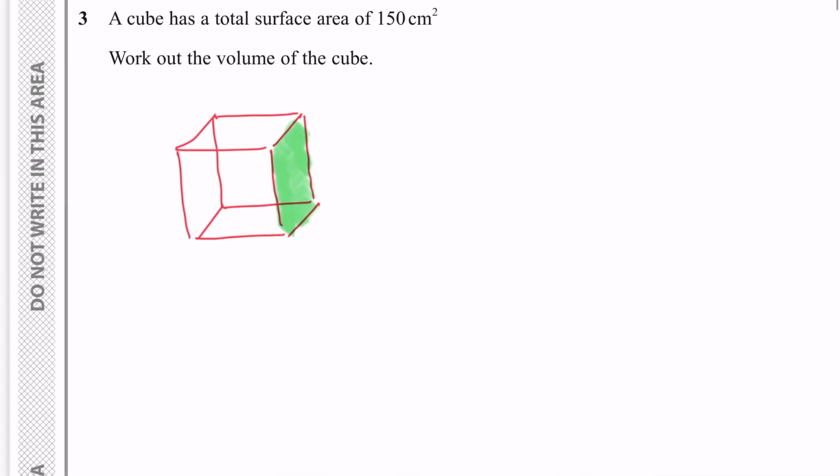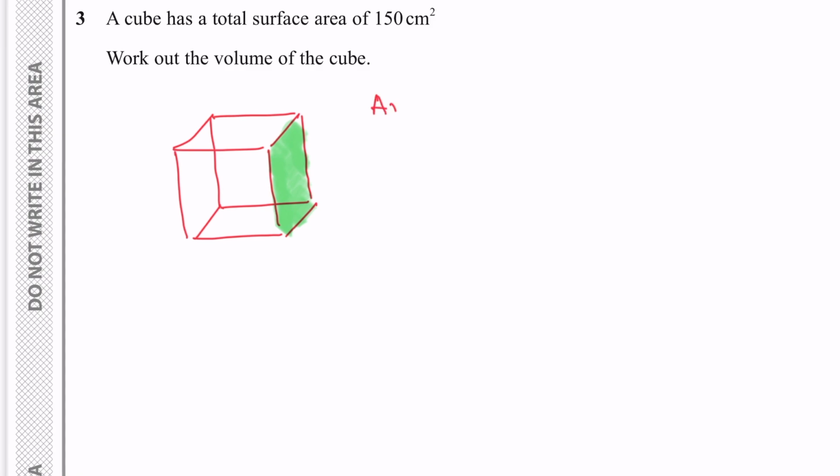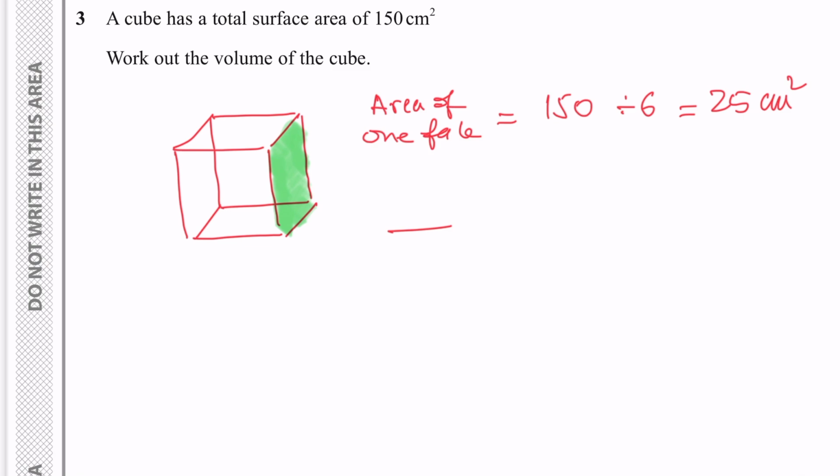So the area of one face will be just 150 divided by 6, because they are all equal and we have 6 faces. And 150 divided by 6 equals 25 centimetres squared. Okay, so one face has an area of 25 centimetres squared.